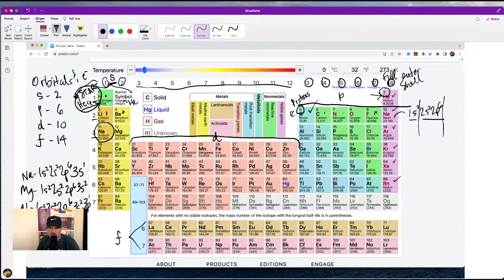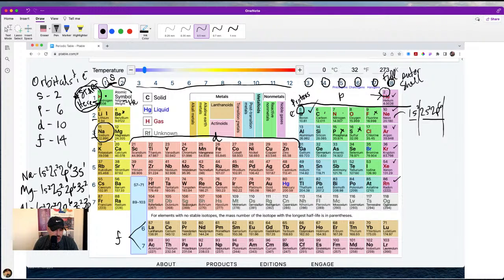So all I've got to do is follow the periodic table. This will be 1s2, 2s2, 2p6, 3s2, 3p2. This will be 1s2, 2s2, 2p6, 3s2, 3p3. This will be 1s2, 2s2, 2p6, 3s2, 3p4, etcetera. Argon, we're going to turn the corner already.